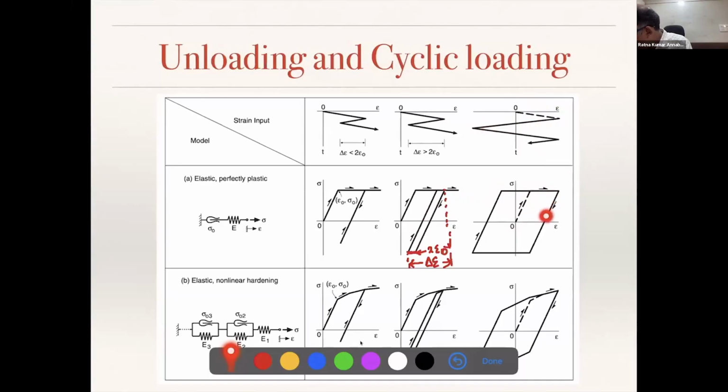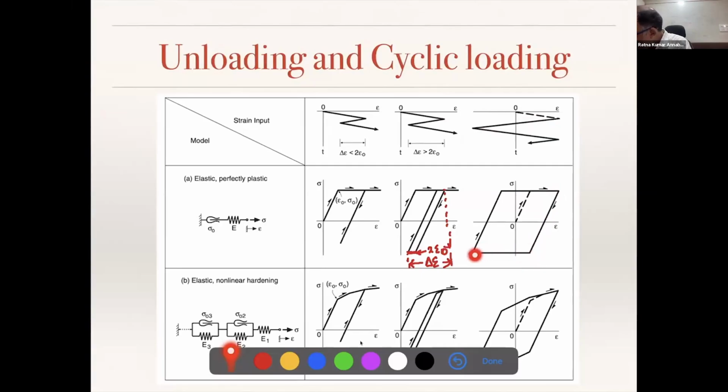You have unloaded and you went into the negative strain because it will start plastically deforming, because this value delta epsilon is much larger than 2 epsilon naught. Then the moment delta sigma reaches 2 times sigma naught, the plastic deformation takes place because you are continuously loading, and this is an elastic, perfectly plastic material.